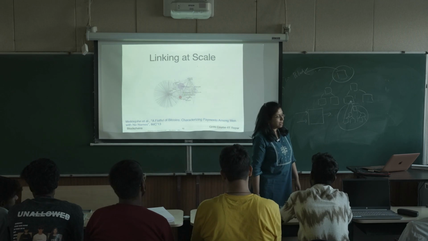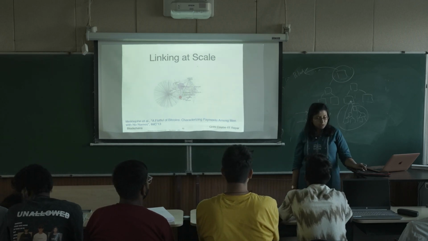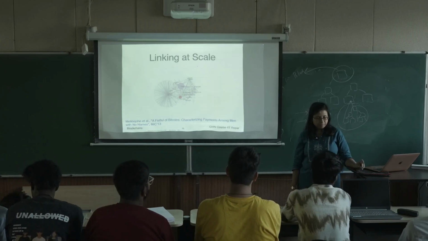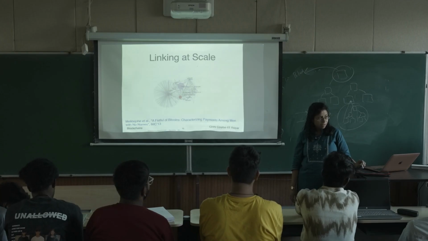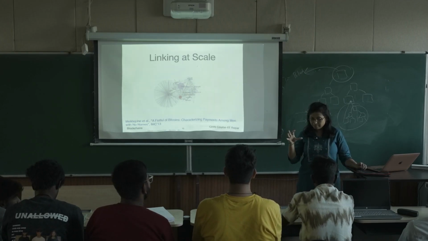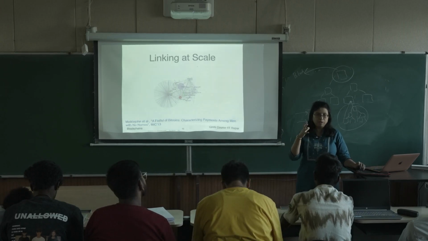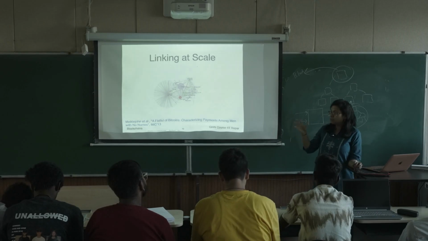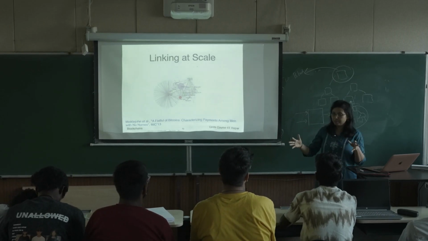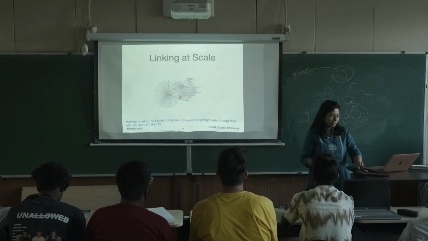There was the Silk Road case, where the person was discovered by using this traceability analysis of the transactions, because at that point of time there were no mixers and they were able to find him.